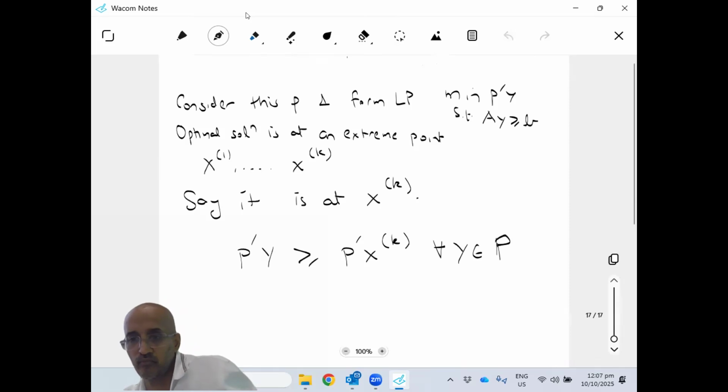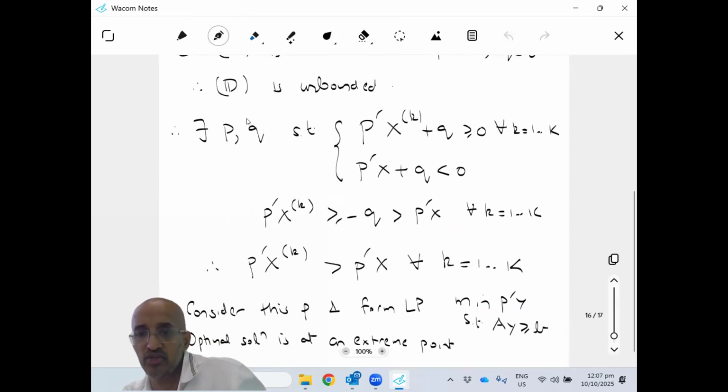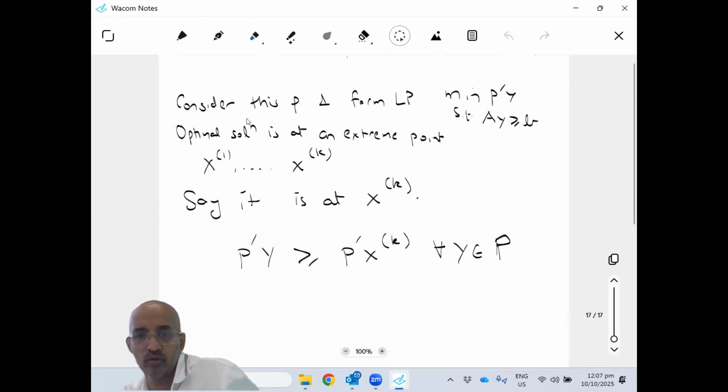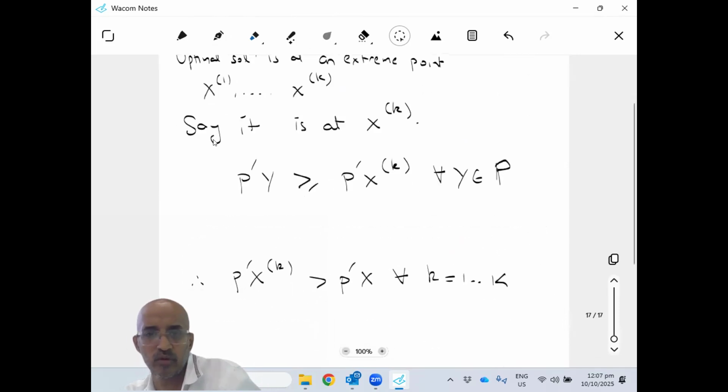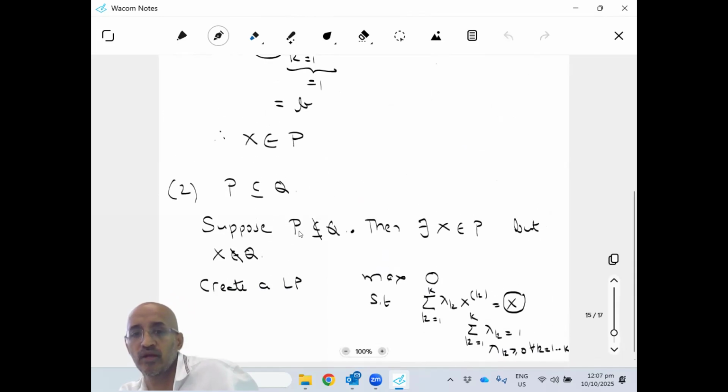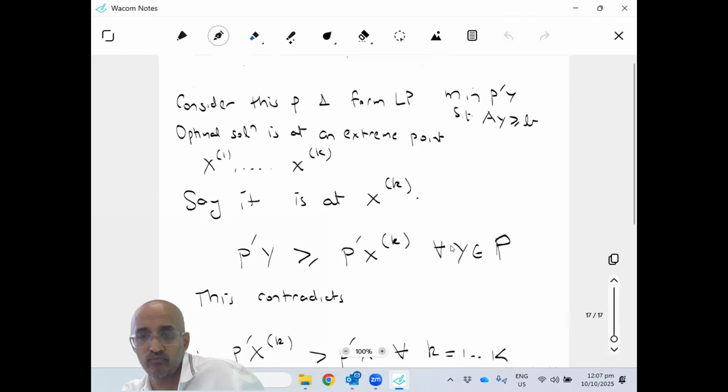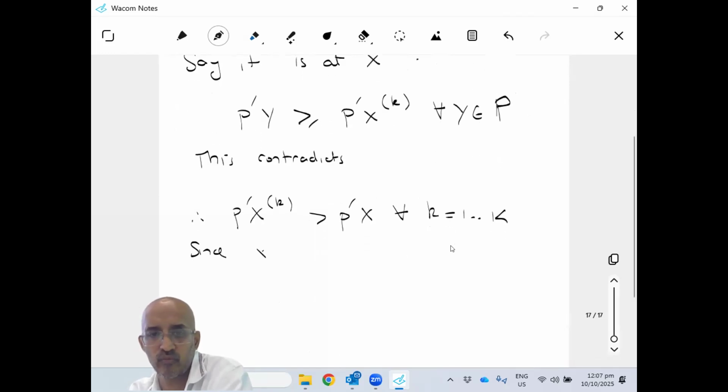But remember, p transpose the x vector. But look at this condition. This contradicts the fact that p transpose x is greater than or equal to p transpose xk, because remember x lies in the set P. This is a contradiction, right?